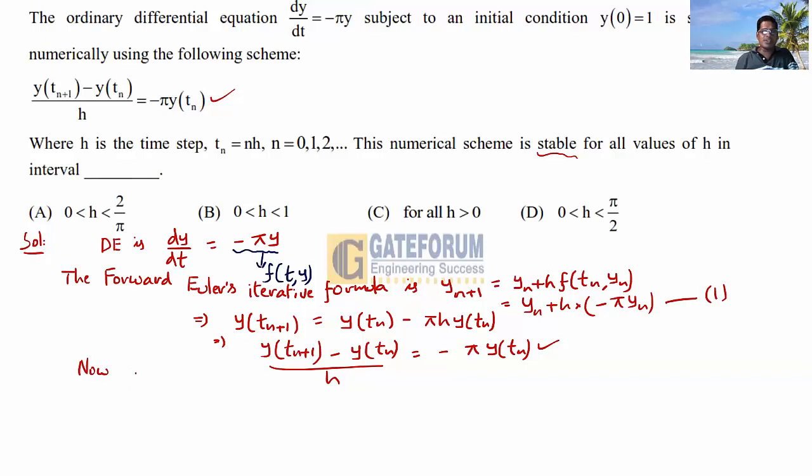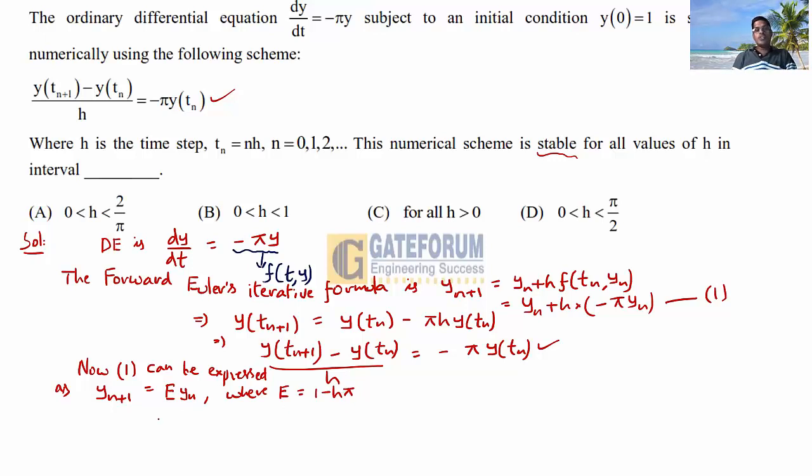That I am expressing: equation 1 can be expressed as y n plus 1 is equal to E into y n, where E is equal to 1 minus h pi.